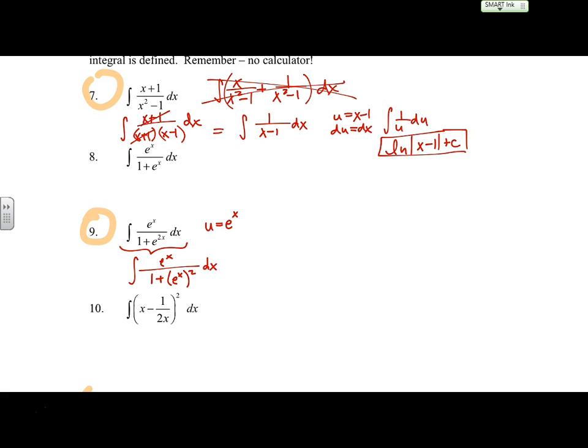You can see the e to the x is being squared because it's 2. Guys, what integral is 1 plus u squared? Arctangent, you got it.